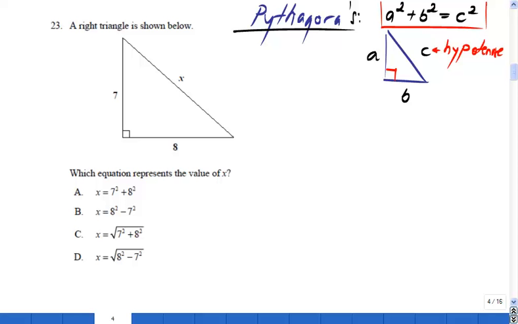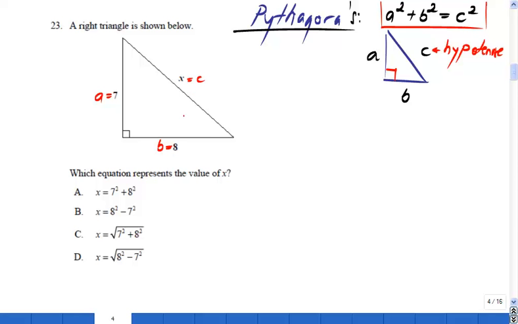Good. Let's get back to our problem. As you can see, we pretty much have Pythagoras theorem in its simplest form. We have a equals 7, we have b equals 8, and your c is given to you as x. Okay, so which equation represents the value of x? Well, going back to Pythagoras theorem says what?